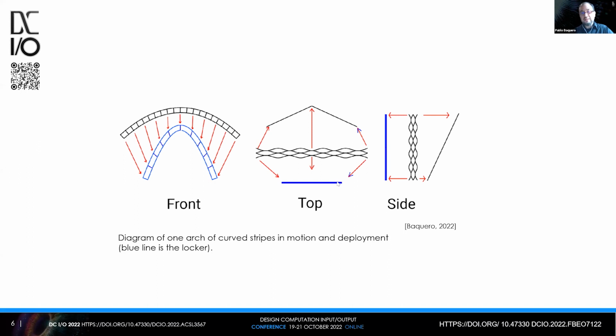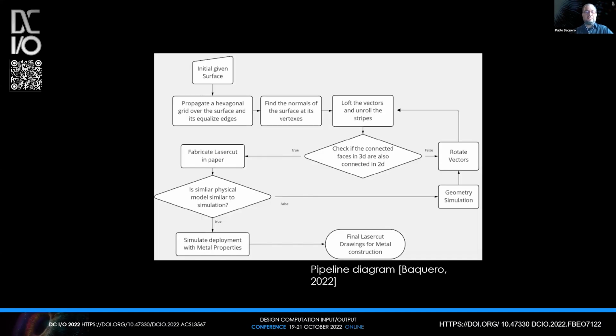The blue line is a local stripe that actually helps to sustain the opening structure of the deployment of the pavilion, the double curvature structure that we are designing. Basically, we try to have a workflow in which we rotate and change the double curvature vectors, the normals of the surface, and we keep testing with the simulation.